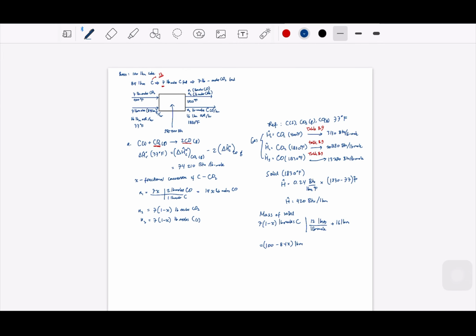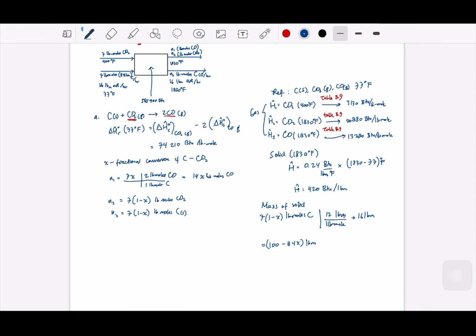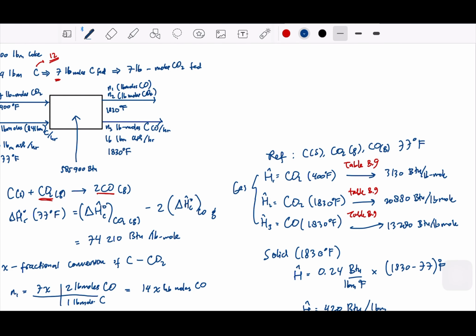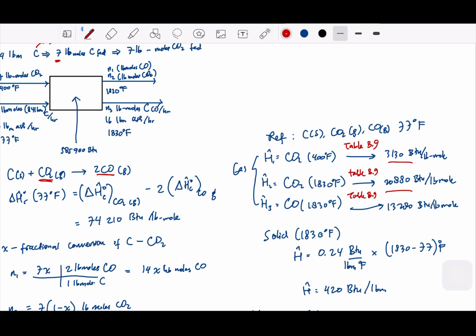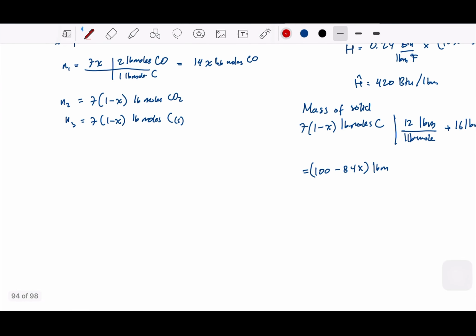Before we have this, we can make the table now. From all this enthalpy that we get, we can take the table. So we have the substances: CO2, CO, and the solid carbon.